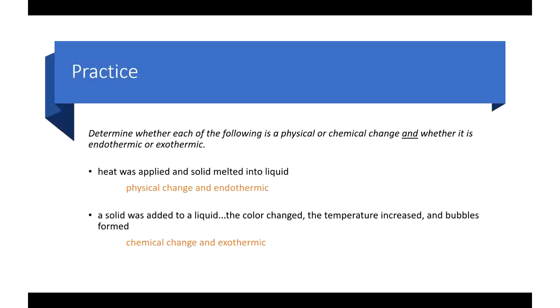It's just that as the substance changes, it feels warmer or it feels cooler, but there is no external heat being applied to that substance. Whereas when we're melting the solid into the liquid, we're actually applying that heat, and that is why it feels warmer, right? Because we're getting the heat from that external source. So I don't want you to confuse the two terms with the physical and chemical changes.